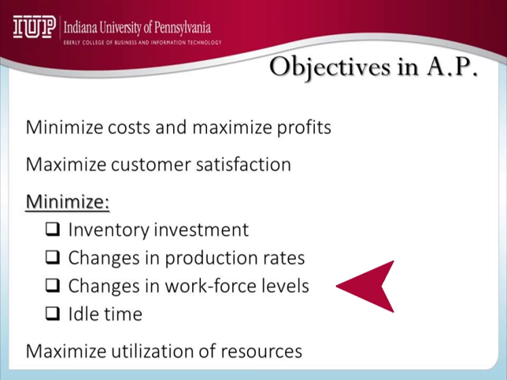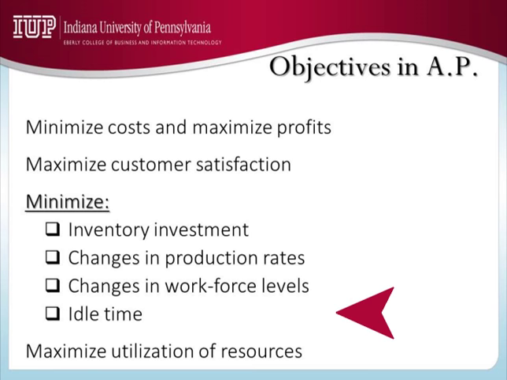You don't want to hire and lay off employees very often. You may say, I will have enough number of employees and I will use them as per the demand. But then you may have idle time. So you don't want to have any idle time. You want to maximize the utilization of all these resources.